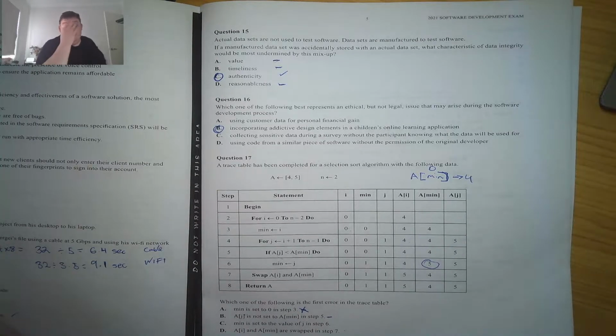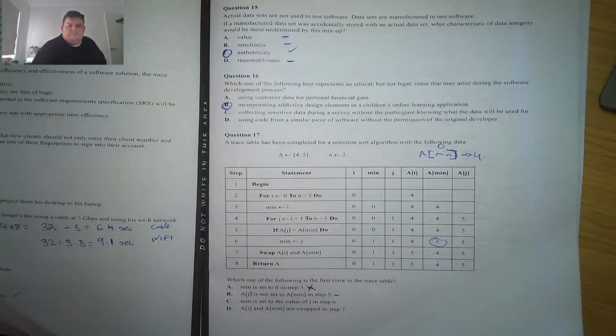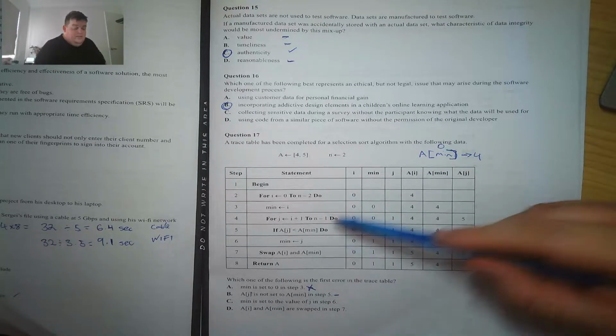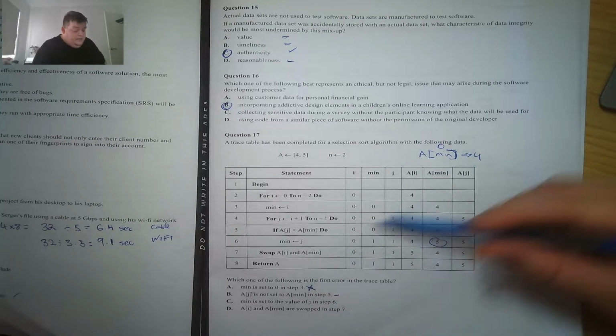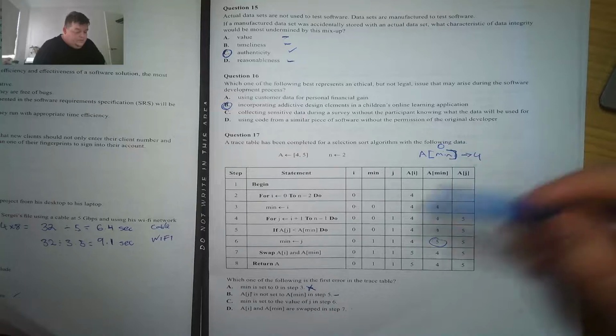Sorry if that was really confusing. I didn't really explain that very well. I'm going to make sure this is completely in shot as well. I think one of the things that stuffed me up is I was looking for a mistake in this. I was supposed to be looking for a mistake in the table. So they did that correctly. They set the min to be 0 because the min's the index.